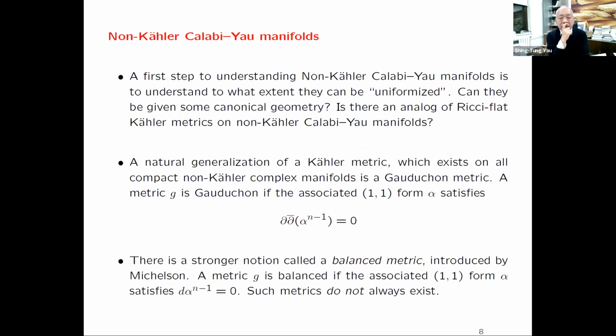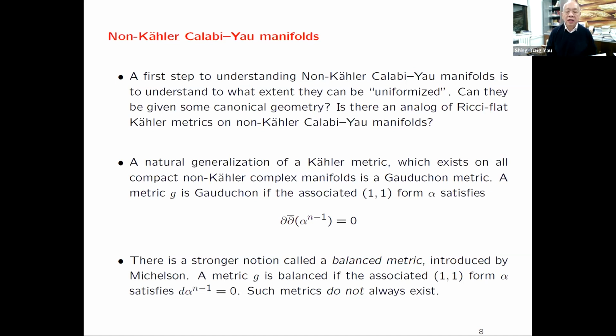Well, first of all, we would like to know what kinds of objects are important, are canonical. Maybe you can call it uniformization. We want the analog of Ricci-flat Kähler metrics on non-Kähler Calabi-Yau manifolds. An important generalization of Kähler metric turns out to be the Gauduchon metric, which was introduced by Gauduchon.